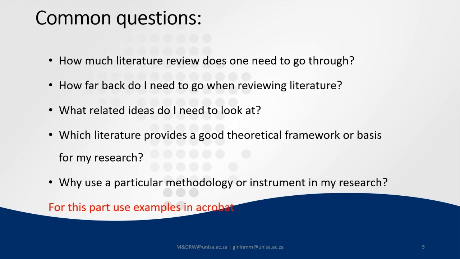What related ideas do I need to look at? What are the related topics in your subject? I mentioned the area of climate change. If we have environmentalists in attendance, or even animal production, or whatever discipline you might be in, these areas might be important. It might be important for you to find meaning: what is climate change?